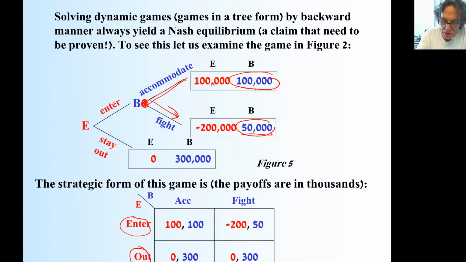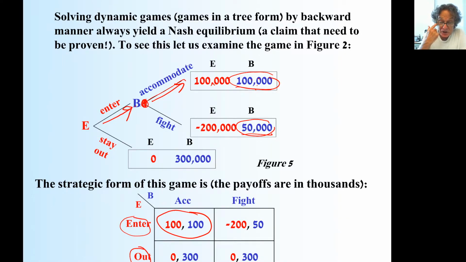Since 100,000 is more than 50,000, she must accommodate, to get 100 and not 50. E knows it, and says, if I enter, I'm going to get 100. If I stay out, 0. So the only perfect, or sensible, equilibrium is that E enters and B accommodates.